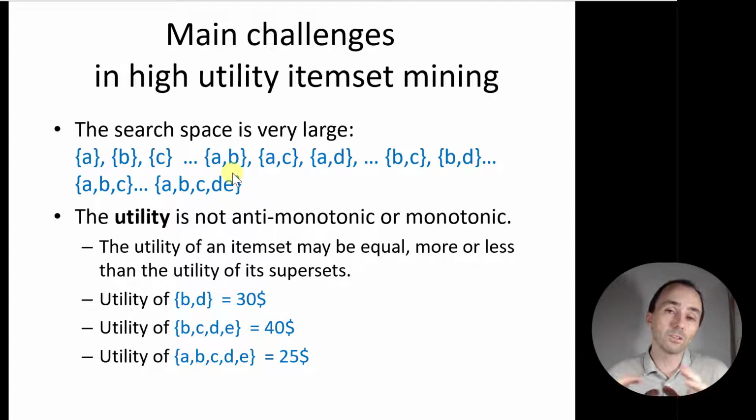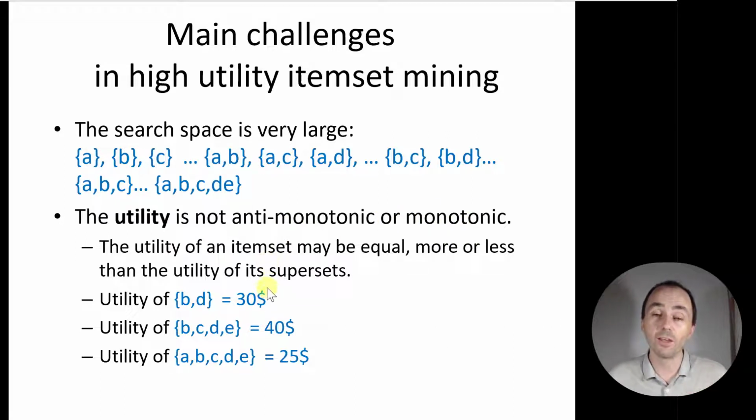So one challenge is that we don't want to look at all the possibilities if we design an algorithm to solve the problem. And also the utility is not monotonic or anti-monotonic. Okay, so what does it mean?